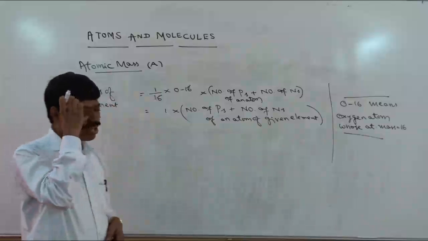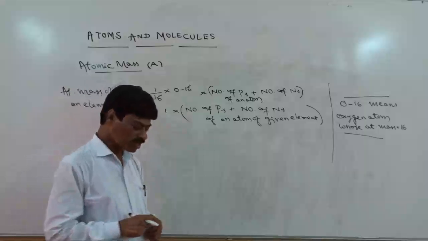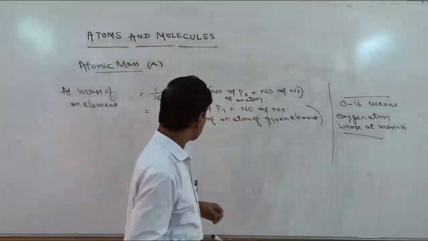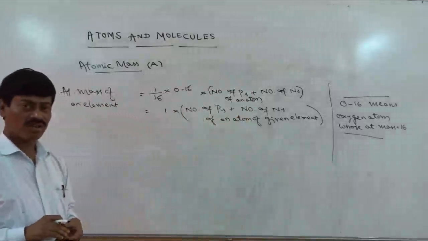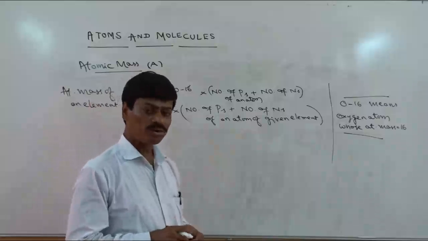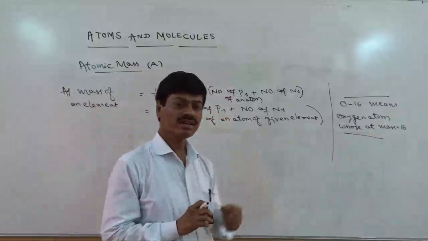As I told you, carbon, that is C12, whose atomic mass is equal to 12, was taken and universally accepted in finding the atomic mass of the given element.